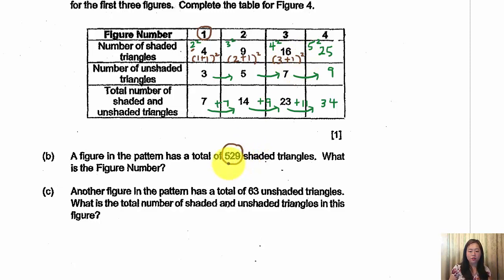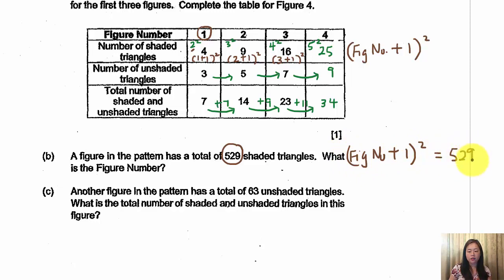So for this one, we create the formula which will be figure number plus 1, and then we will square it. So figure number plus 1, and we square it, it will be 529.